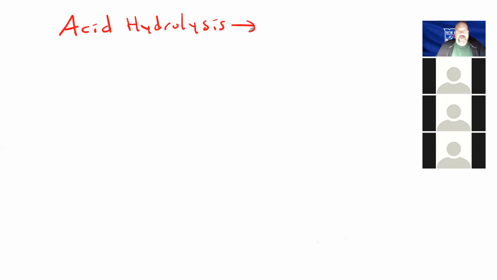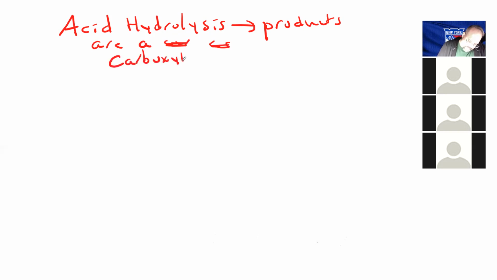So essentially, what does that refer to? That refers to the splitting apart of an ester under acidic conditions. Now here, the products are a carboxylic acid and an alcohol.